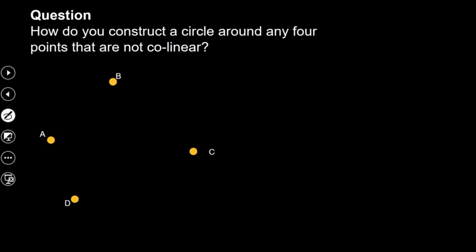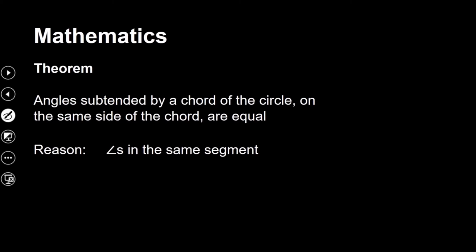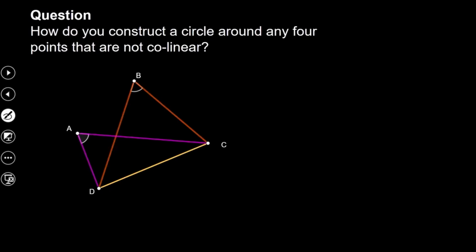But let's see exactly what I mean. Right, so angles subtended by a chord of a circle on the same side of the chord are equal. Remember, that is angles in the same segment. So meaning, if I was to join those points such that I have this angle being equal to that angle, I will then construct a perpendicular of this line and then a perpendicular of this line as well, using the very same thing that we spoke about, and then that will be my center, right?